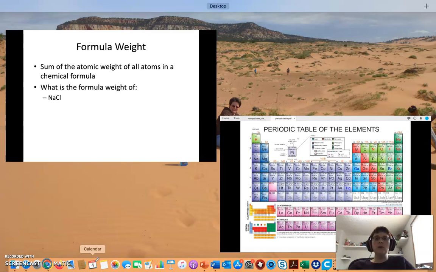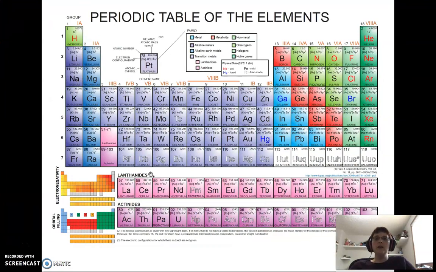So let's flip over to the periodic table. We're going to find sodium. Sodium has an atomic weight of 22.99. It's okay if you round that up to 23. And then chlorine is over on the other side because we're looking at an ionic compound. We got a metal and a non-metal. Remember, that's how we can tell.